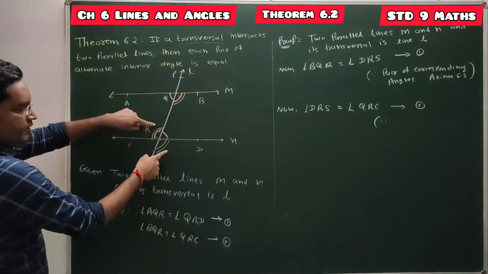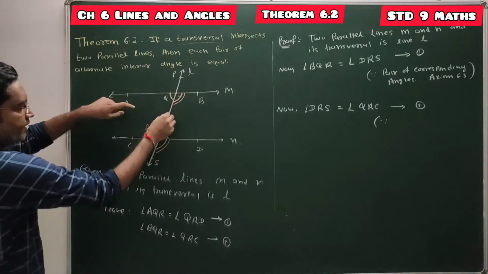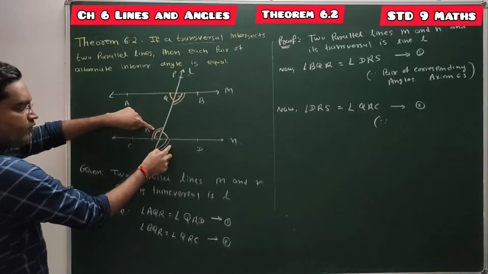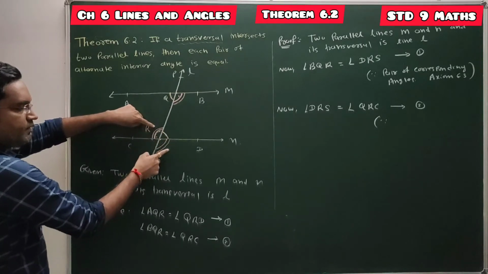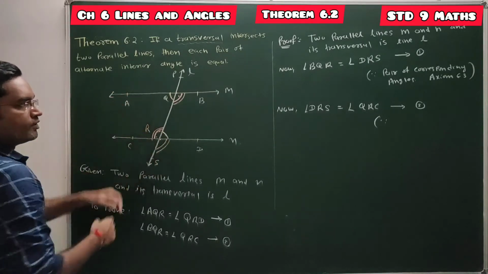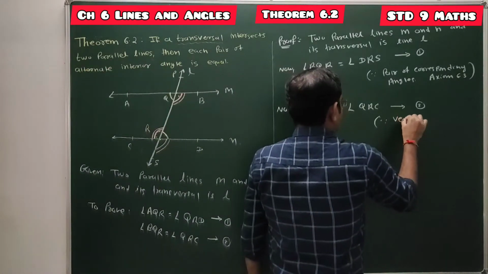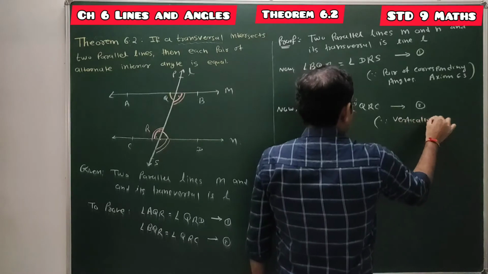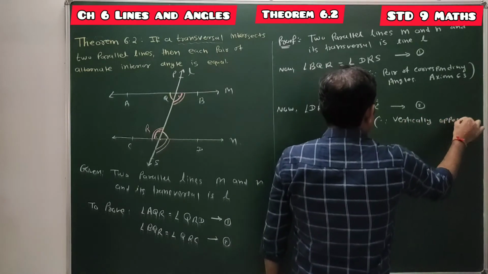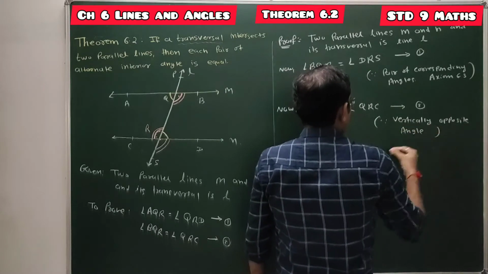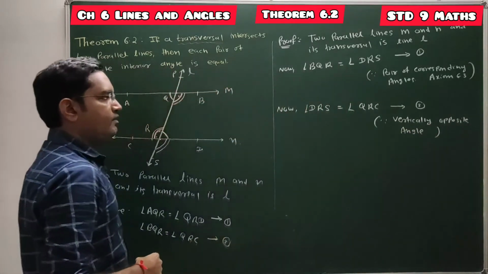These two angles are equal, because line L and line N intersect each other, so vertically opposite angles are formed, it is crossing, so these are the vertically opposite angles, and we know the property that vertically opposite angles are always equal.